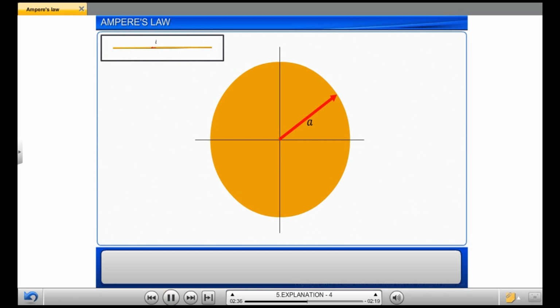Let us consider a point P outside the conducting wire at a distance R from the center of the cross-section of the wire. Consider an Amperian loop in the shape of a circle, concentric with the cross-section of the wire and having radius R, such that R is greater than a.